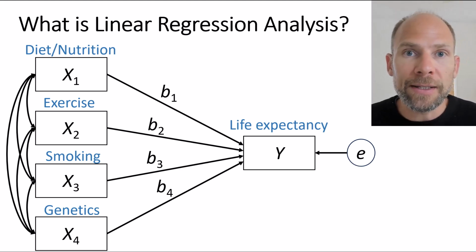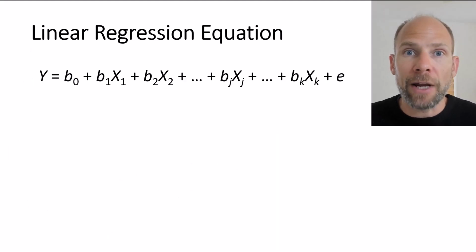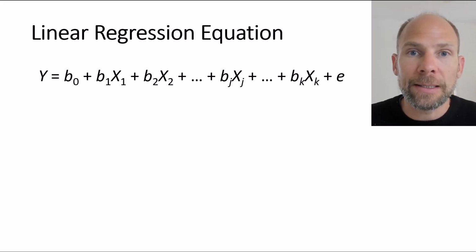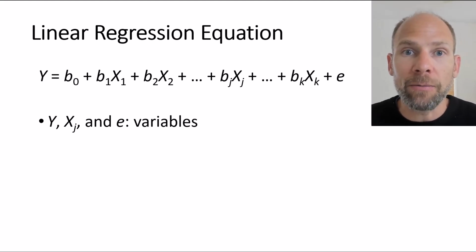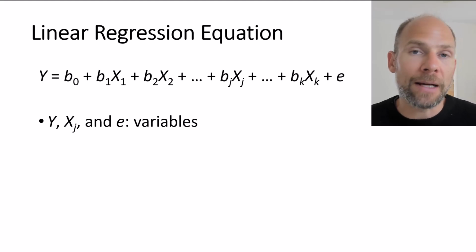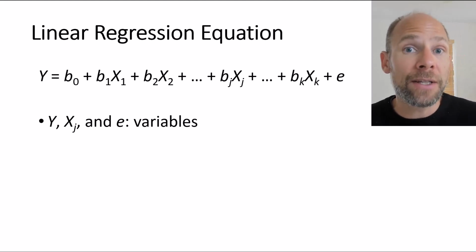Now let's take a look at regression analysis more formally. So what does this look like in terms of a mathematical model? Linear regression is based on a single equation that you can see here. And so in this equation here, we have y, xj, and e, which are variables. Y is our dependent variable that we also sometimes call an outcome variable or a criterion variable.